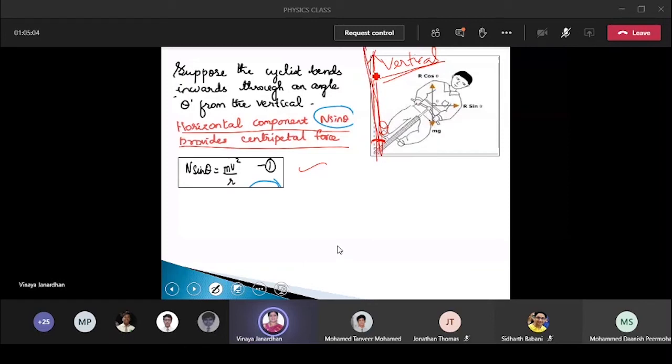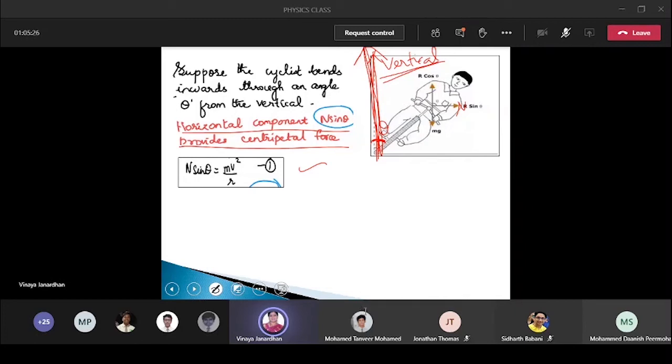Are you clear with the statement? Yes, ma'am. So the normal's horizontal component, n sine theta, is going to provide the centripetal force. So n sine theta must be equal to mv squared upon r.